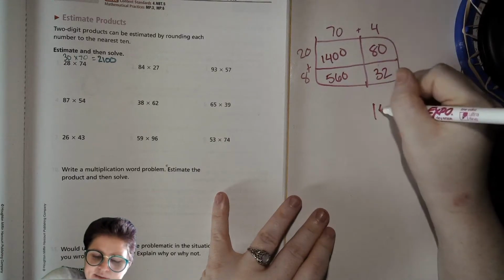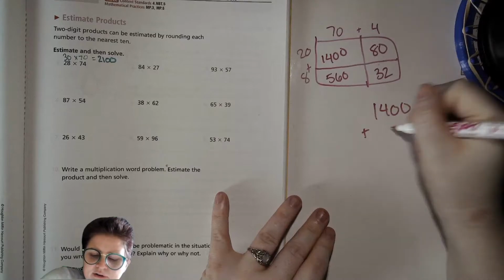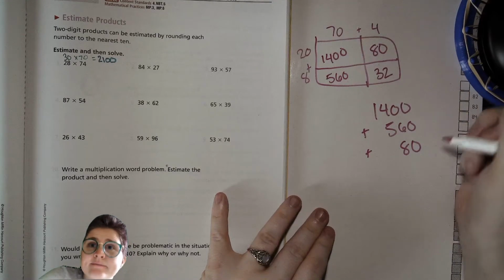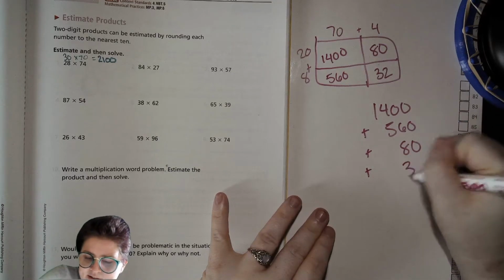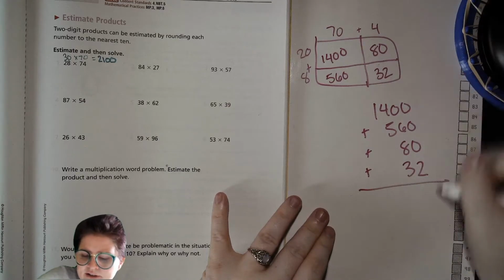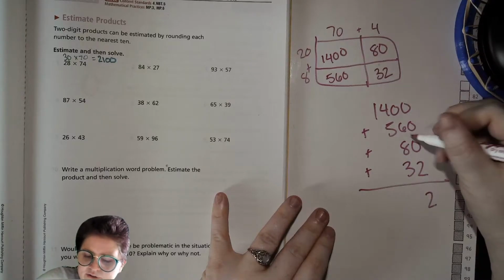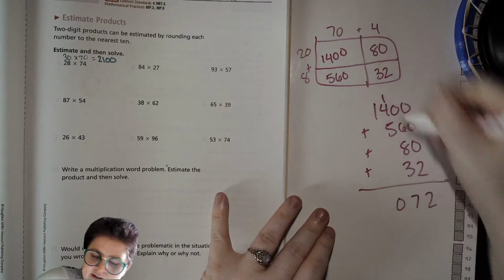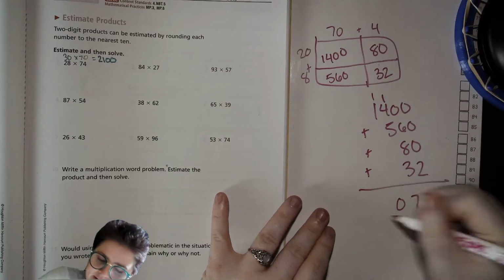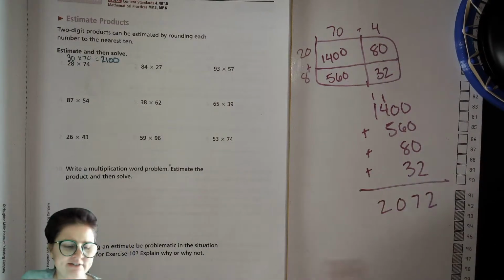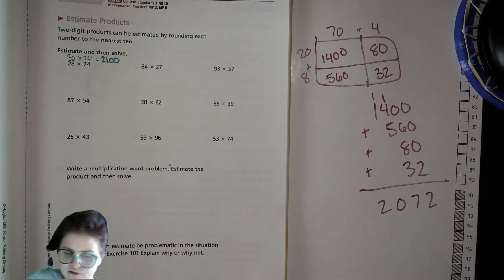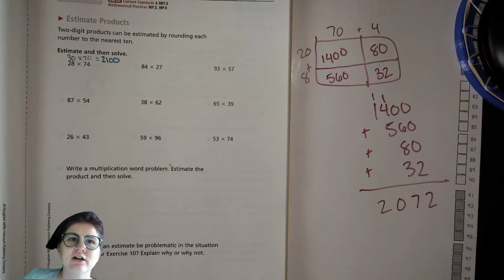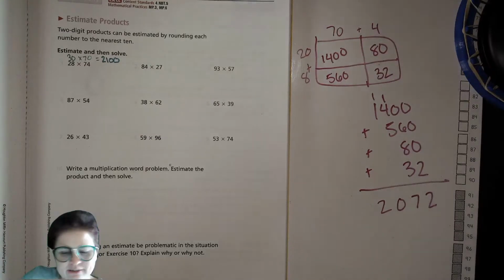So then we add those up. 1400 plus 560 plus 80 plus 32 is 2072. Is that pretty close to 2100? Yeah, it's only like 30-ish off, right? So that's pretty close. Good job, everybody.